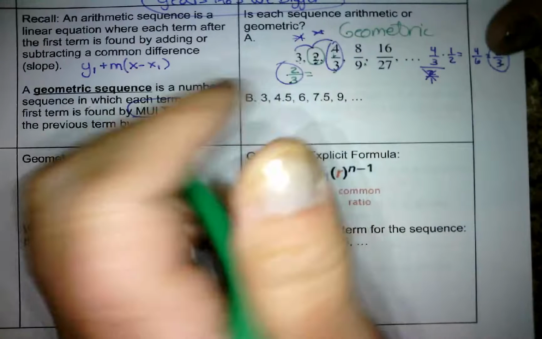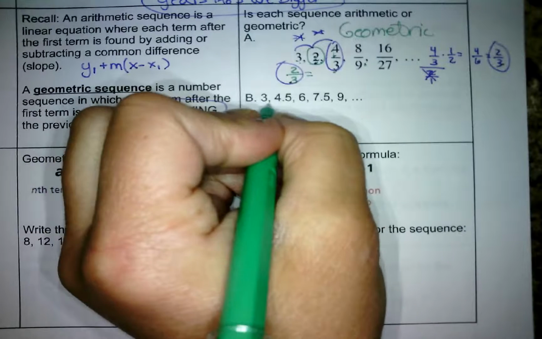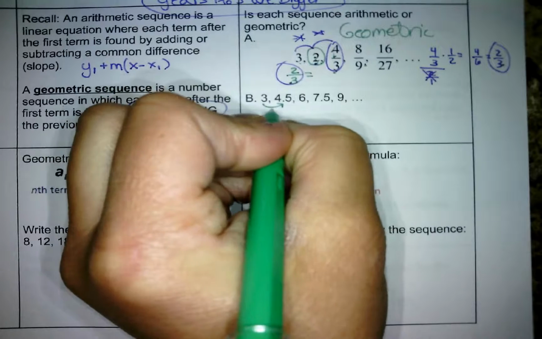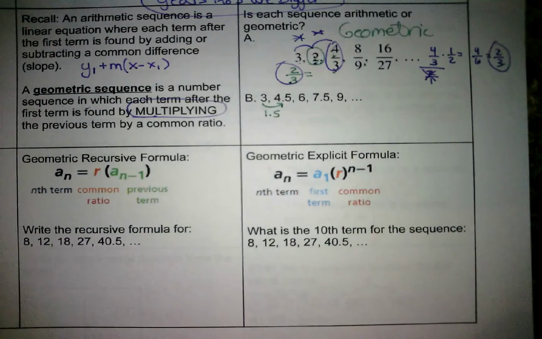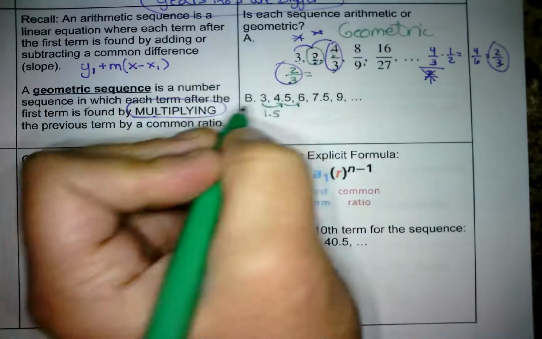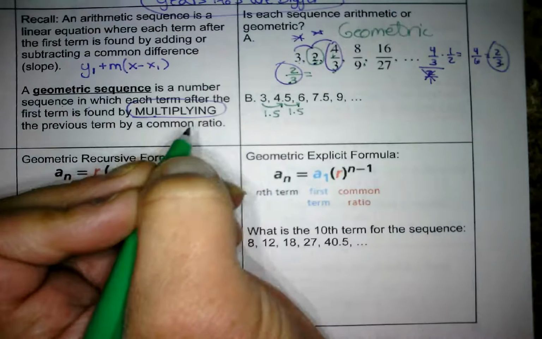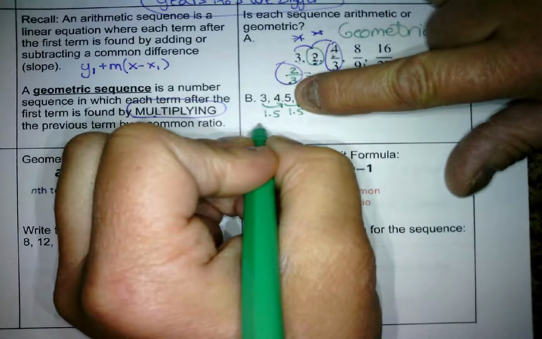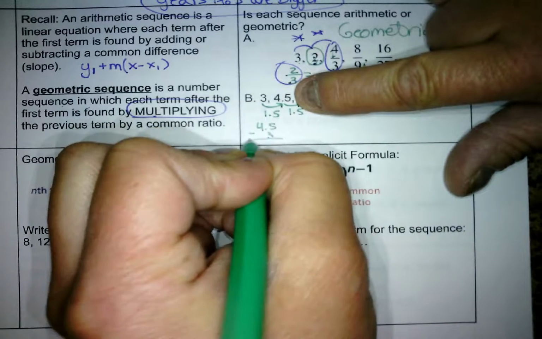So now let's check the next one. Check if it's arithmetic first, because that's always easiest. To get from 3 to 4.5, I would have to add 1.5. To get from 4.5 to 6, I would have to add 1.5. And I can do this the same way, so I can start with the second term and go 4.5 minus 3 is 1.5.